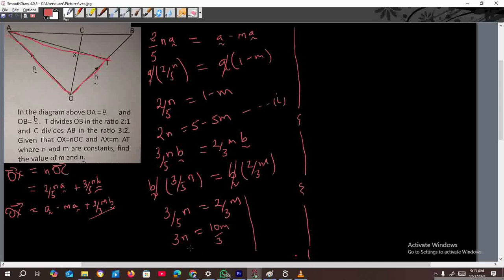Dividing through by 3, we'll be left with N is equal to 10M over 9. Let this be equation 2.